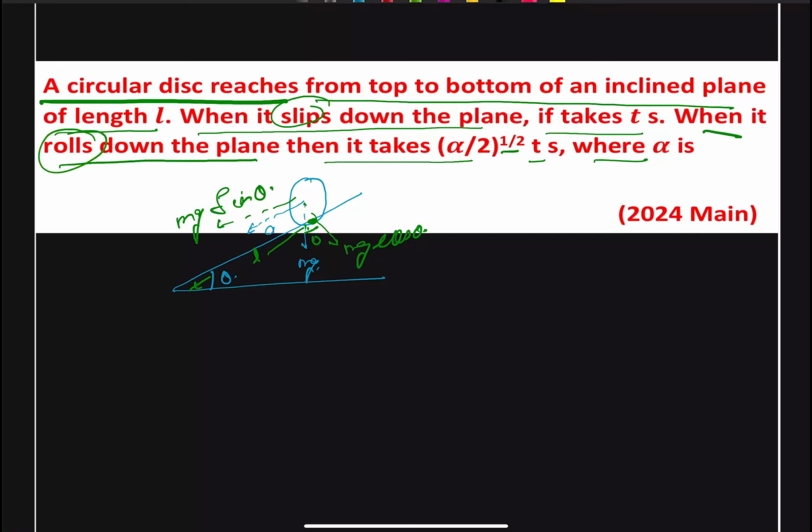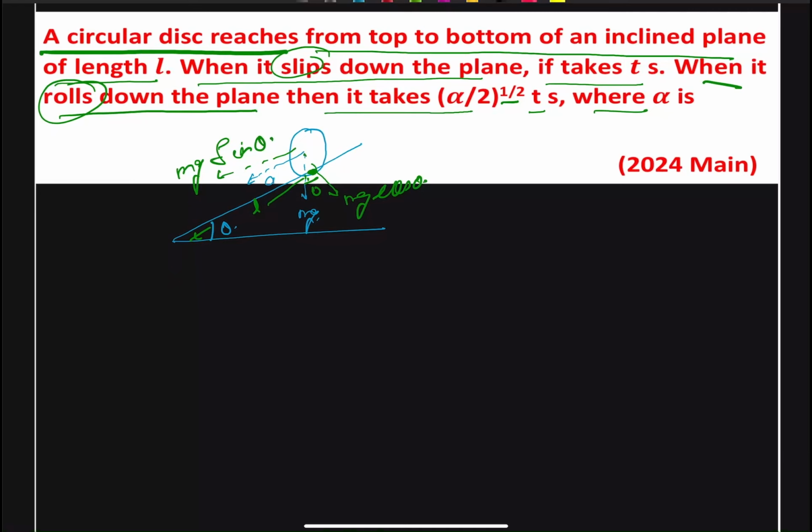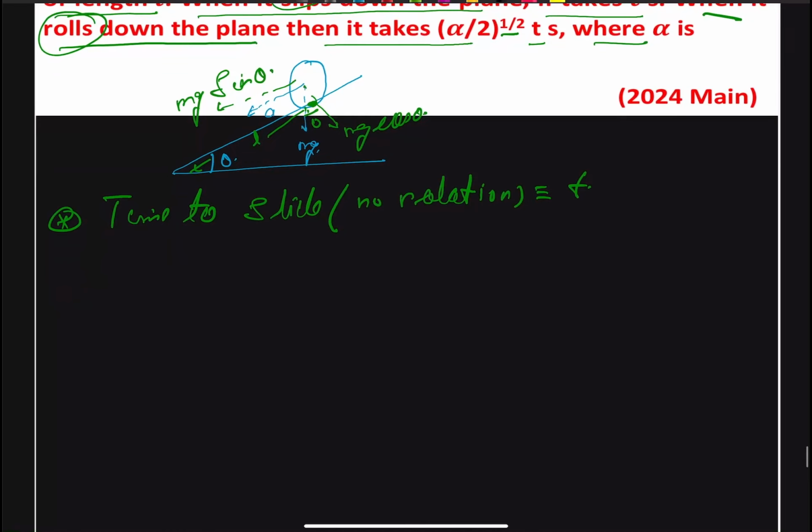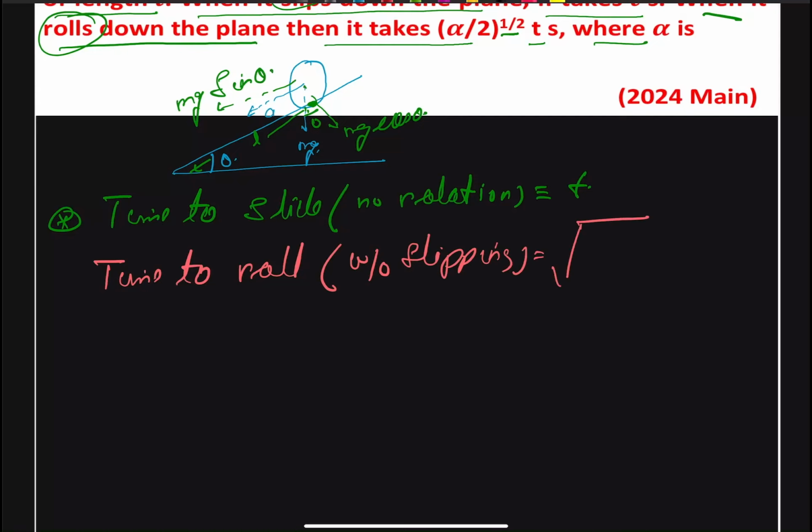Okay, and so we can write that time to slide, which basically means no rotation, that is our t, and time to rotate or time to roll, which means no slipping, without slipping, and that is given to us as alpha upon 2 times t, and let us call this particular in this case as tr. Later we can just substitute it.